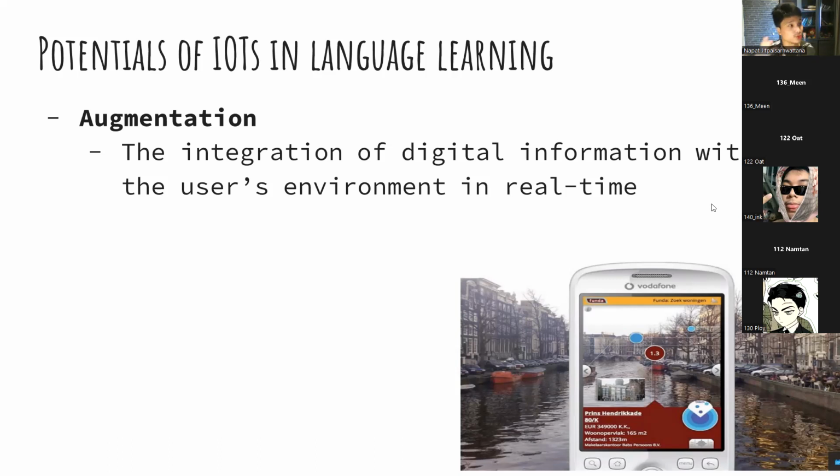They can just go to Ajahn Sin, Rupan Ajahn Sin, right? And then when they scan it, it will appear as, like statues, so they would be able to learn the words along the way, so there is a lot of potential with augmentation as well, especially with AR technology.